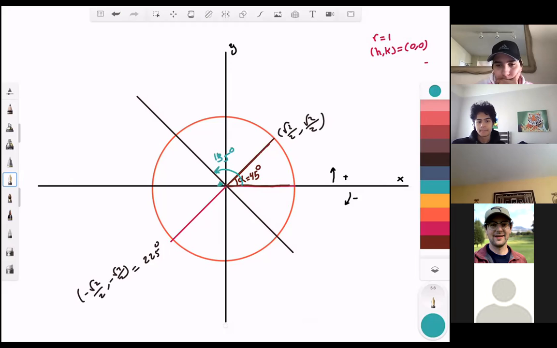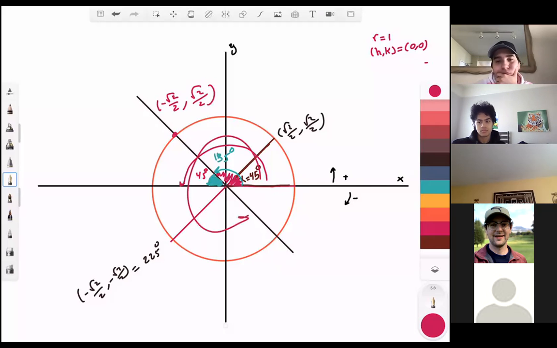The reference angle always is measured to the x-axis. This is a reference angle. If this much is 135, and everything is 180, this should be 45 degrees. So again, we're dealing with 45. This coordinate will be negative radical 2 over 2; x is negative, but y is positive.